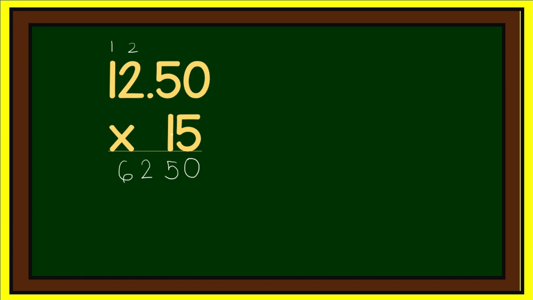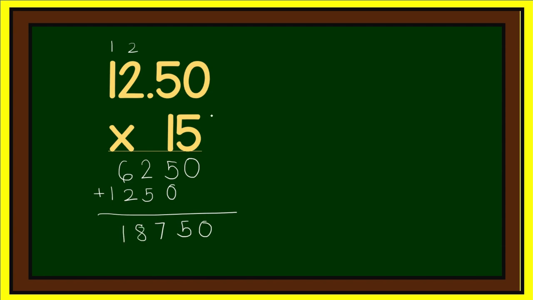Next step, ang gagamitin ko naman ay yung 1. 1 times 0 is 0. 1 times 5 is 5. 1 times 2 is 2. 1 times 1 is 1. And then add: 0, 5, 7, 8, 1.